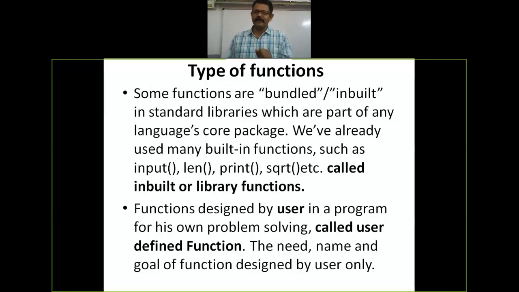Like the sqrt function, suppose you want to find the square root of a certain variable, then we need not write the procedure of this square root. We'll just call the function sqrt. We'll import the file math and write math.sqrt, and we will get the result. The actual coding behind the sqrt function is already written somewhere in the library file or in the language package.